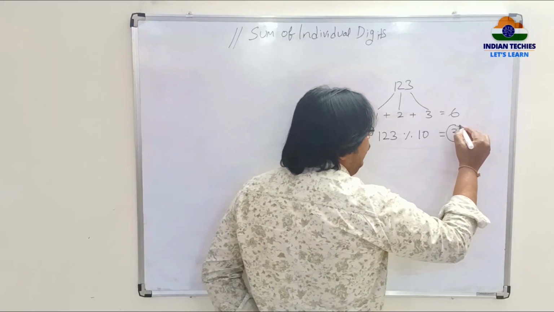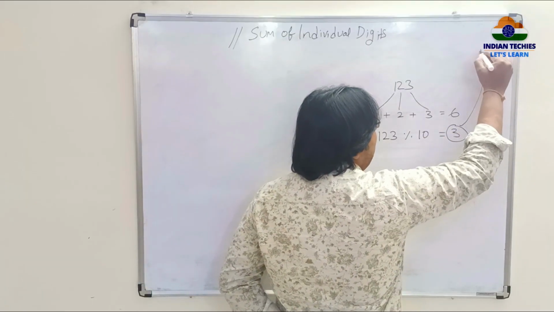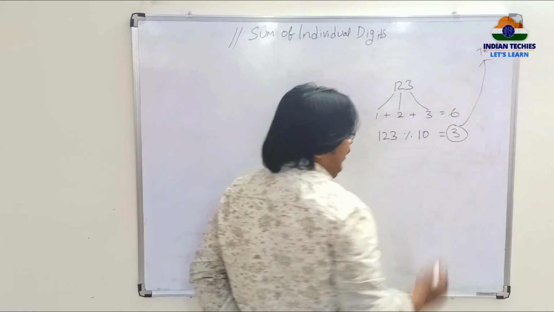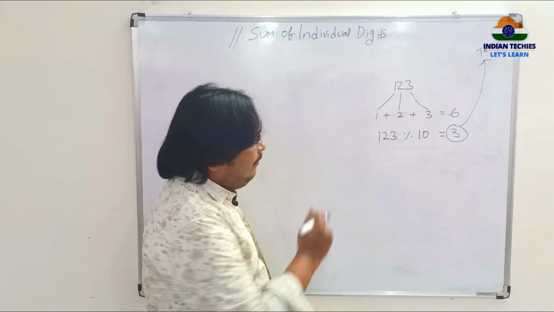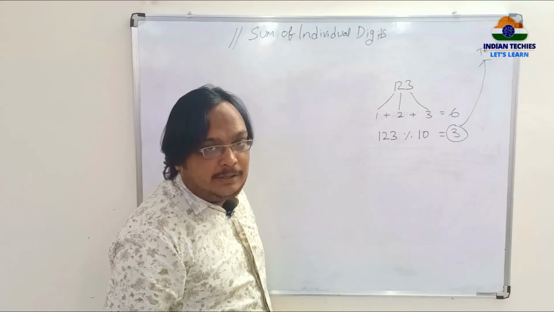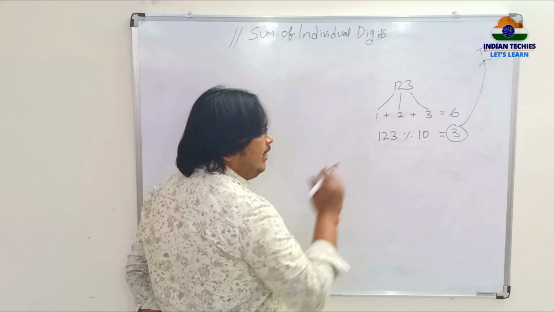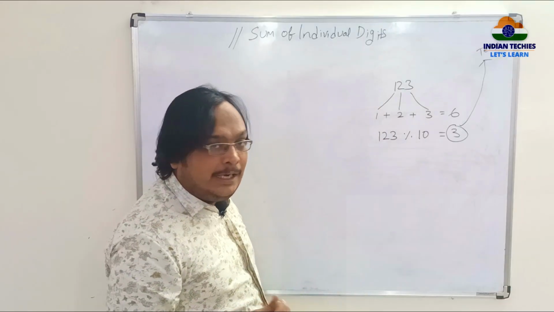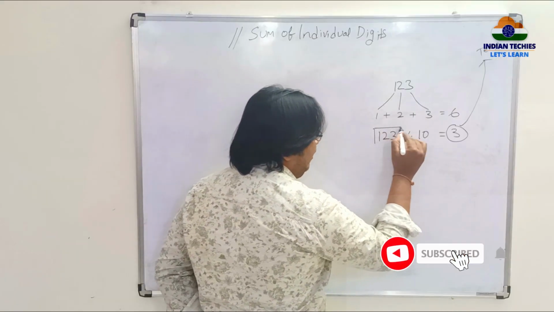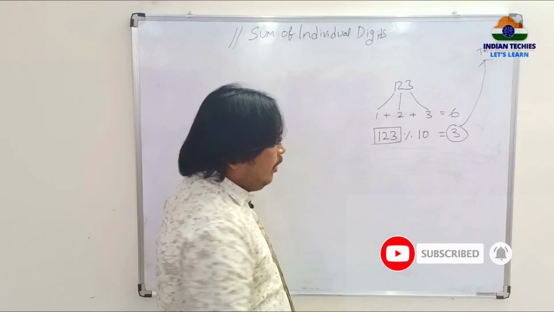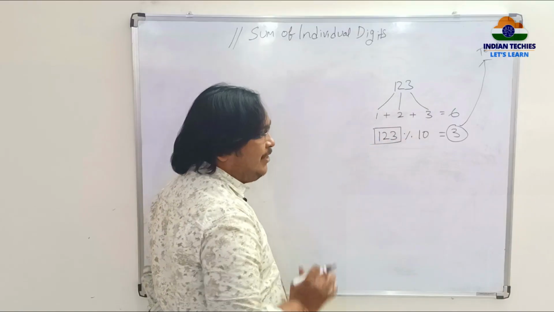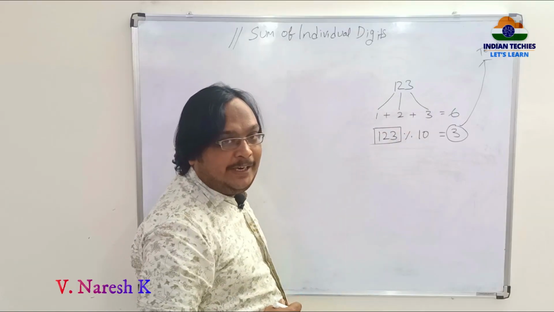This value you will keep separately in some temporary variable, any name. You will keep that split value in a temporary number. Next, from 123 you have taken 3. This original 123 is the same, it has not been modified. You have used it for the equation and you got this remainder.